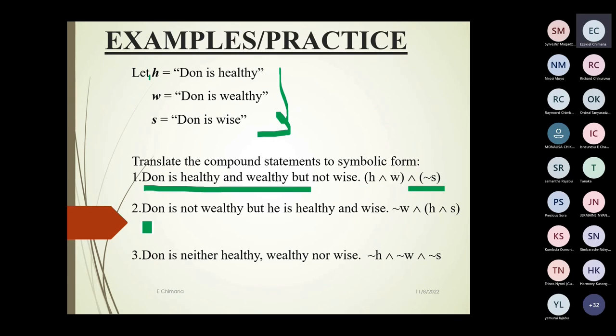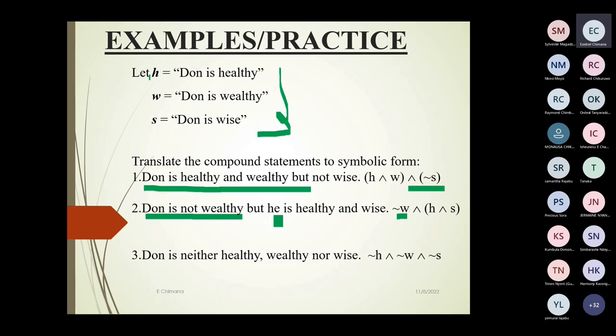We can go on to this one, which says Tony is not wealthy, which means it's the negation of W. But he is healthy and wise.